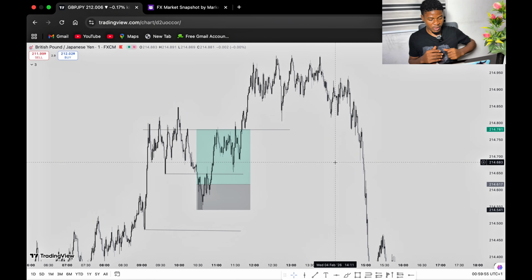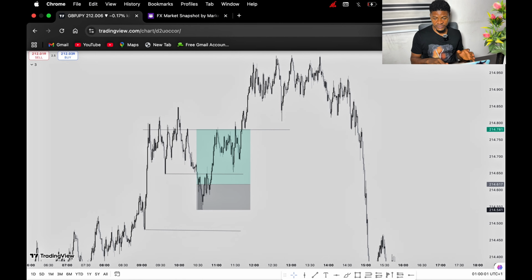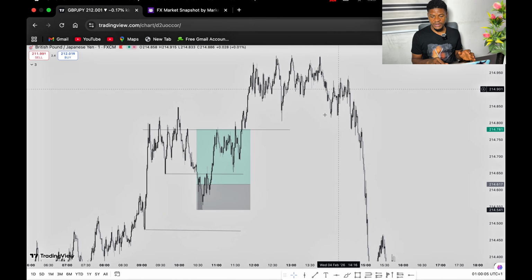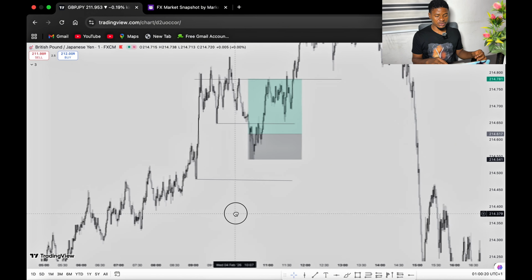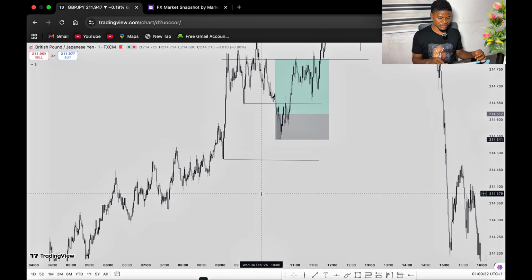So there is this trade I caught on Wednesday, GBPJPY. GBP was strong on Wednesday. Today is Friday, 6 February, you can see the time. So on Wednesday, GBP was stronger against the Japanese yen. We are going to use the Asian session.